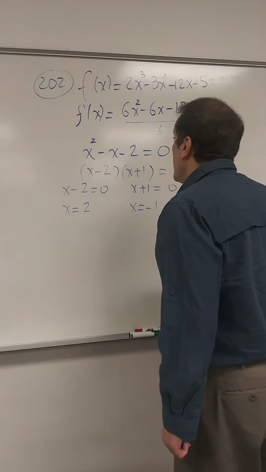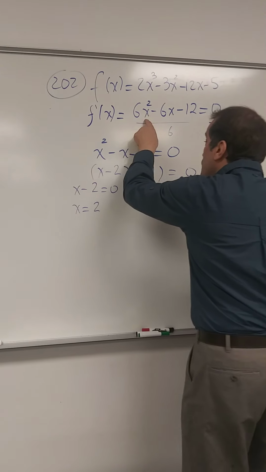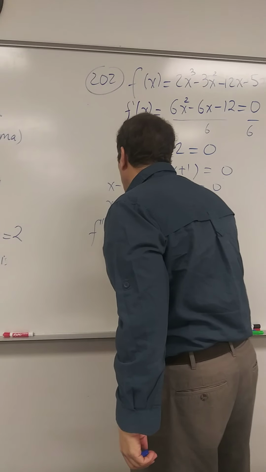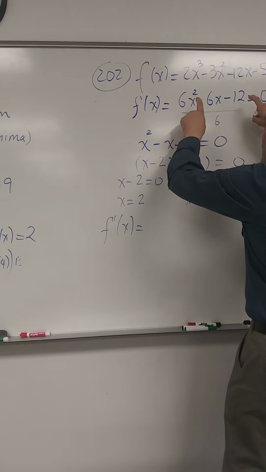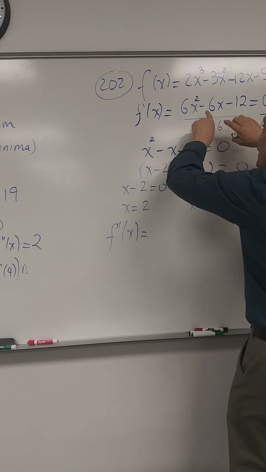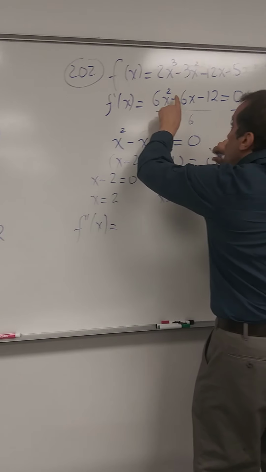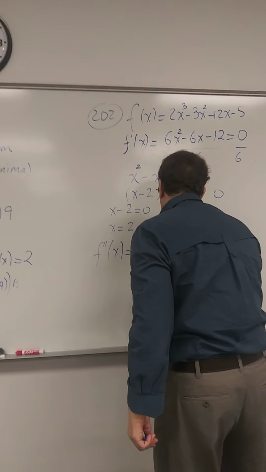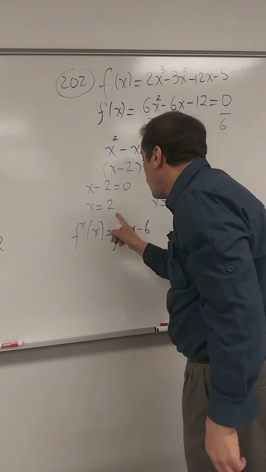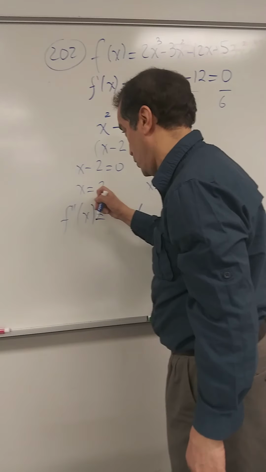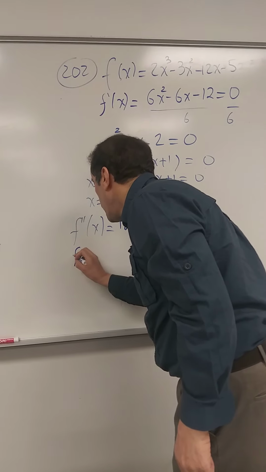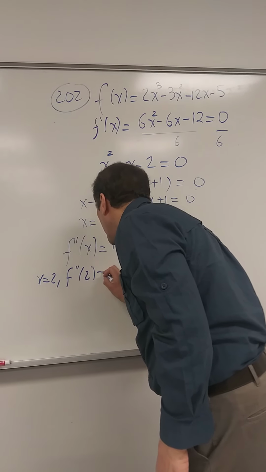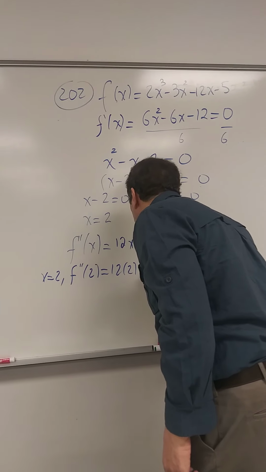The first derivative was 6x squared minus 6x minus 12. The second derivative is going to be f double prime of x equals, differentiate this before you do anything to it. Don't divide by 6. So it'll be 12x minus 6. We need to figure out what's the value of the second derivative when x equals 2. f double prime of 2 is 12 times 2 minus 6.